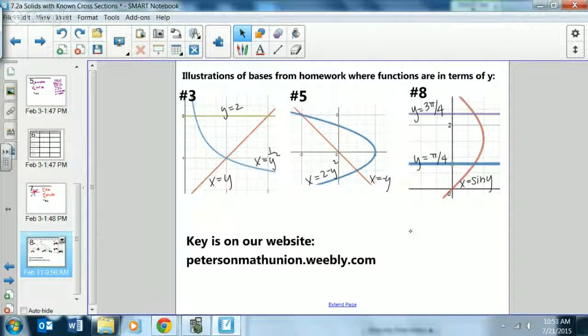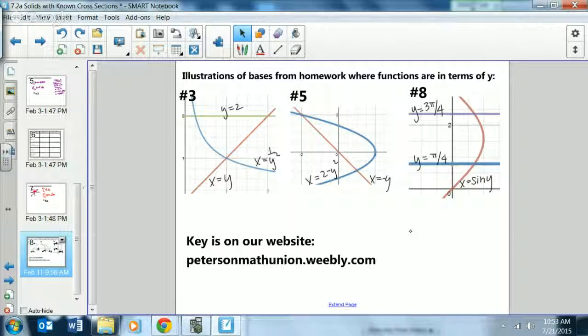Alrighty. Okay, there are three problems that are in terms of y. So you take cross sections perpendicular to the y-axis. And I have those graphed here for you. So if you'd like to take a picture or screenshot, they're also on our website in our notes. So if you'd like to access those, that's totally fine. I also have the key on our website.